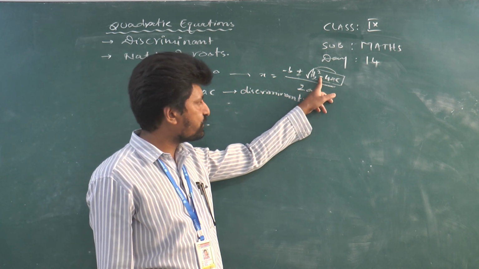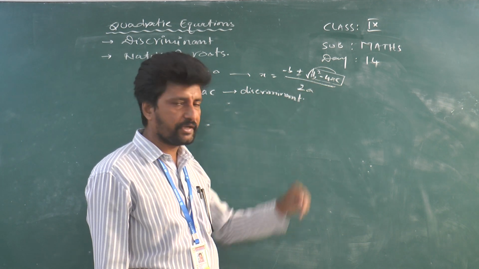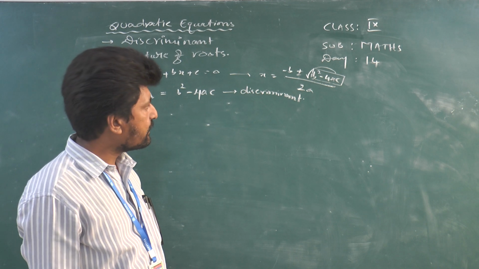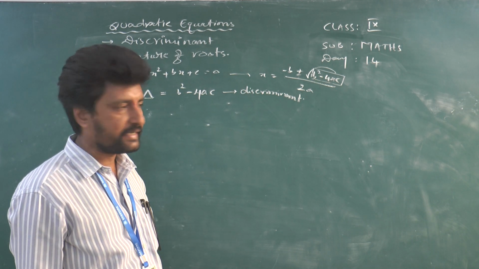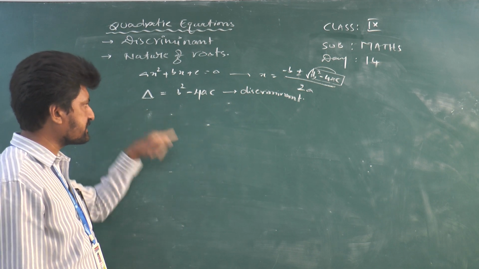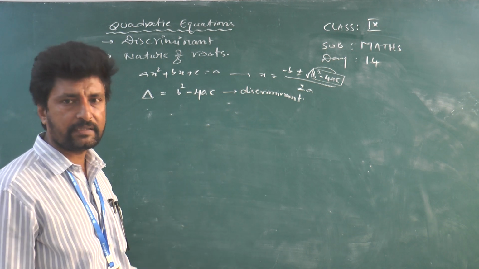Suppose b square minus 4ac is less than 0, that means negative. In such a case, the square root of a negative number does not exist. That means it is not a real number, so imaginary roots we are getting. According to the different situations, we shall find the nature of the roots. That means the discriminant decides what type of roots a given quadratic equation has, without finding the roots.